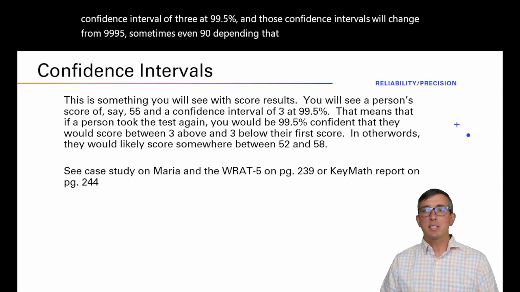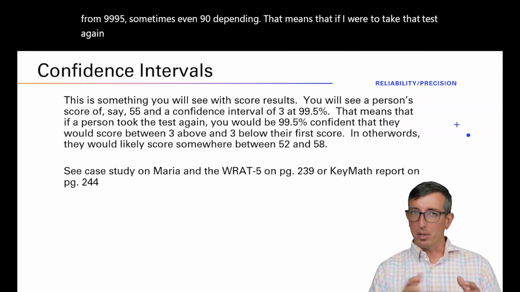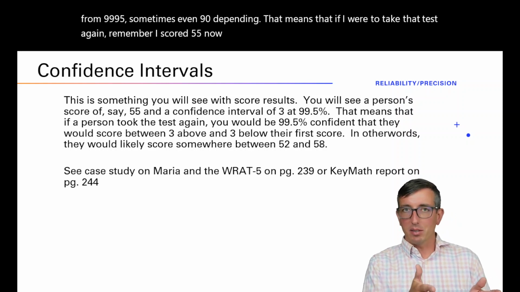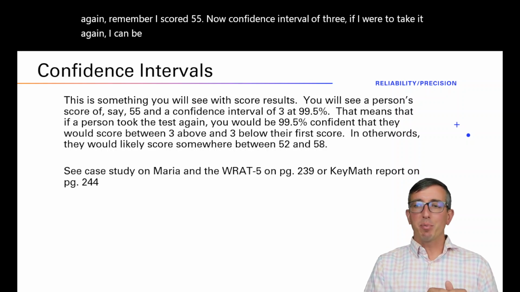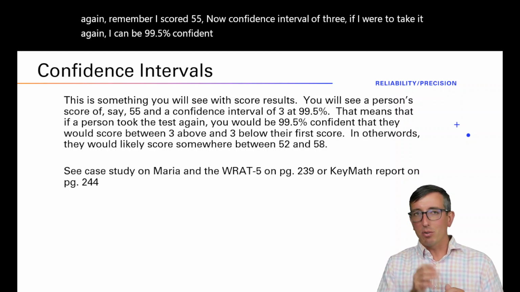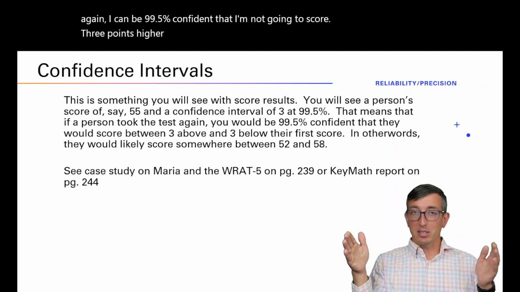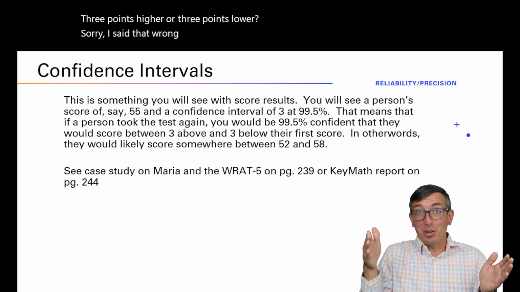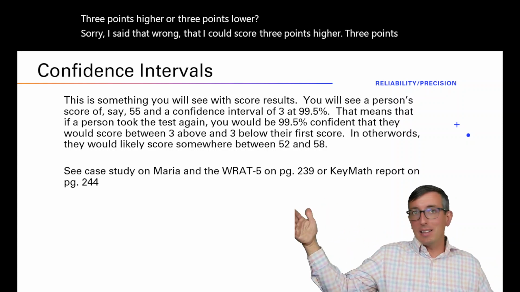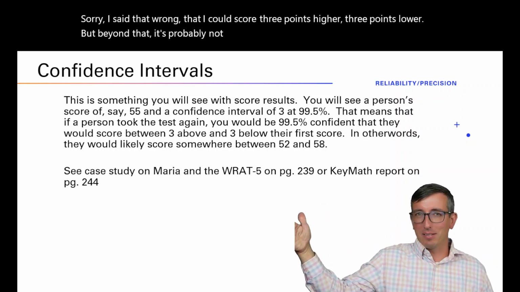That means that if I were to take that test again, remember I scored 55 now, confidence interval of 3, I can be 99.5% confident that I'm not going to score more than 3 points higher or 3 points lower. Sorry, I said that wrong. I could score 3 points higher or 3 points lower, but beyond that, it's probably not going to happen, okay?